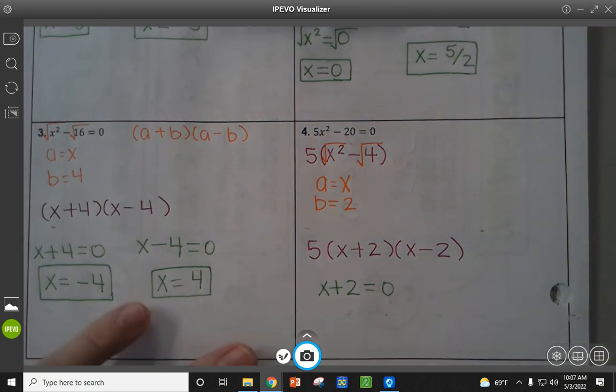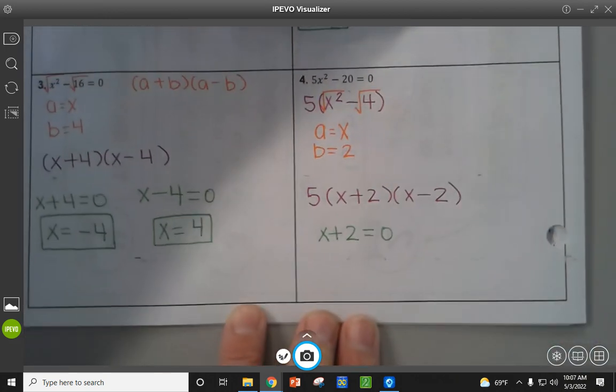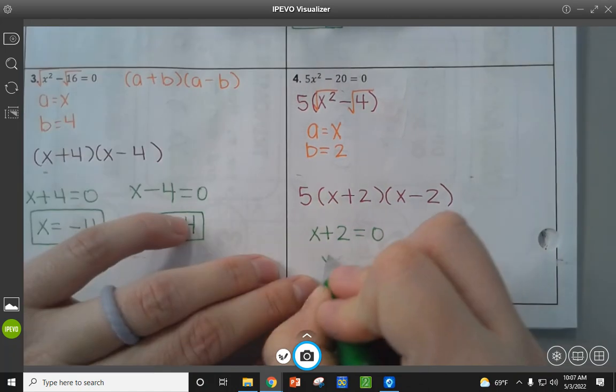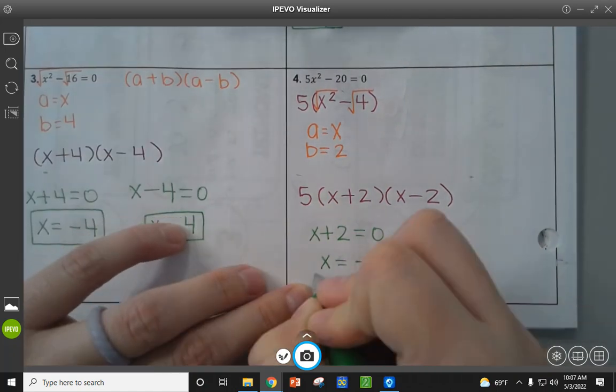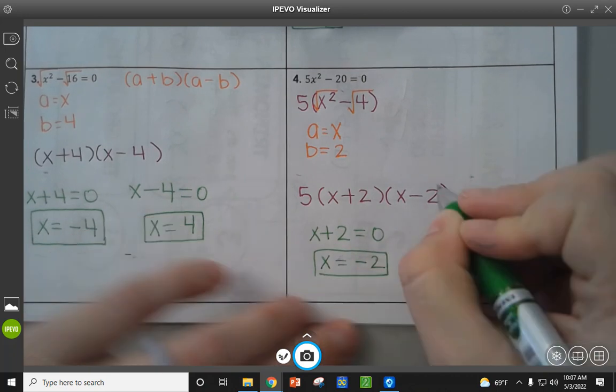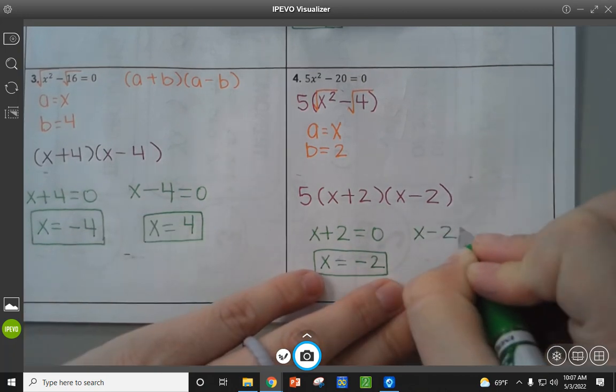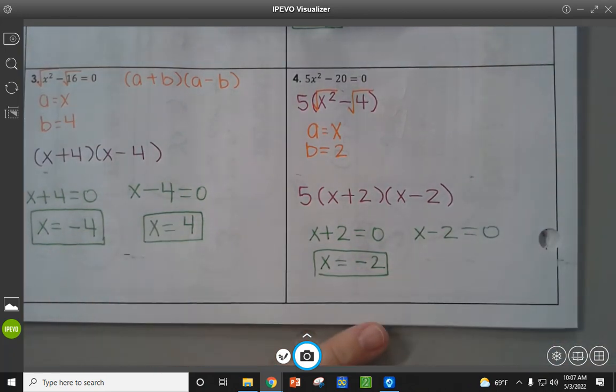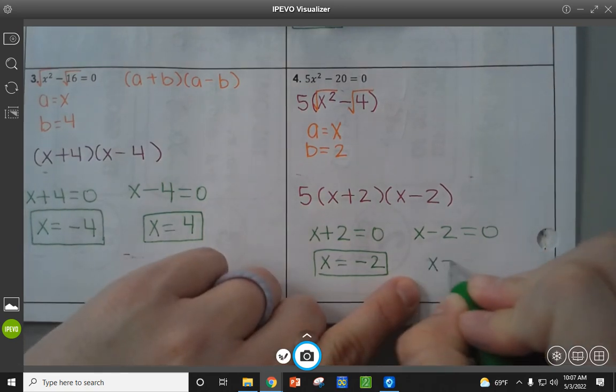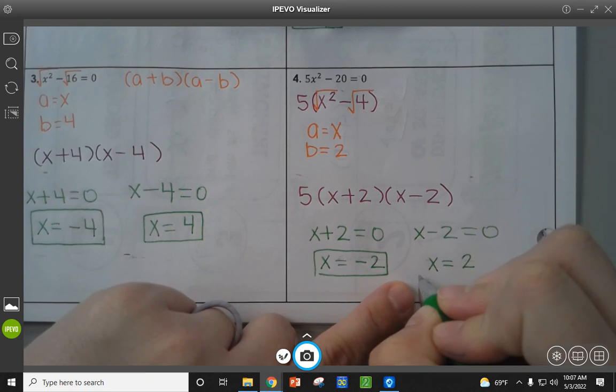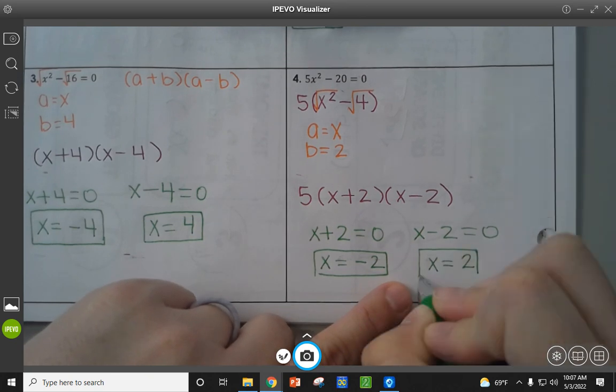So we subtract 2 from both sides, and we get x equals negative 2. Now we have x minus 2 equals 0. If I add 2, I get x equals positive 2. Very good.